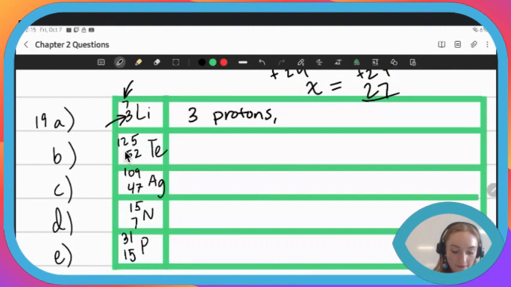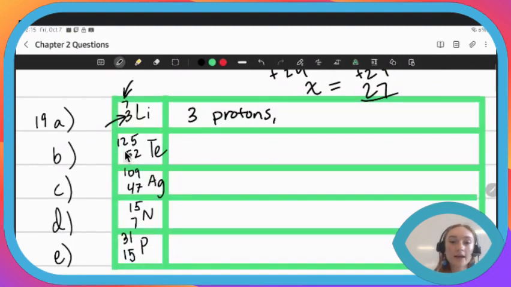All of these don't have charge on them, so we can say that the protons and electrons have an equal amount because it's neutral. So the positive and the negatives cancel each other out. So 3 protons and 3 electrons for this one. And since the mass number is neutrons plus protons, 7 minus 3 equals 4. And so we have 4 neutrons.